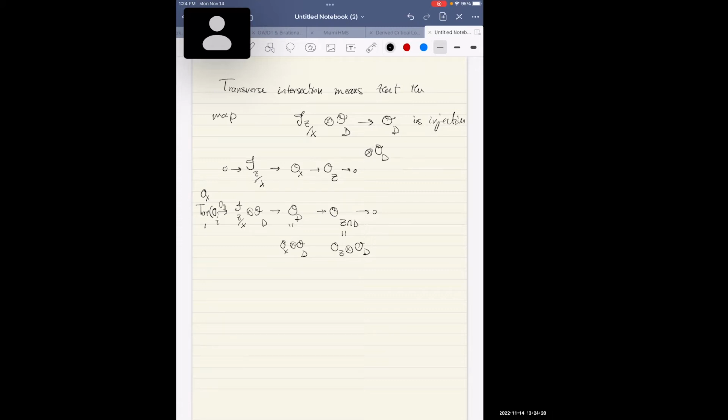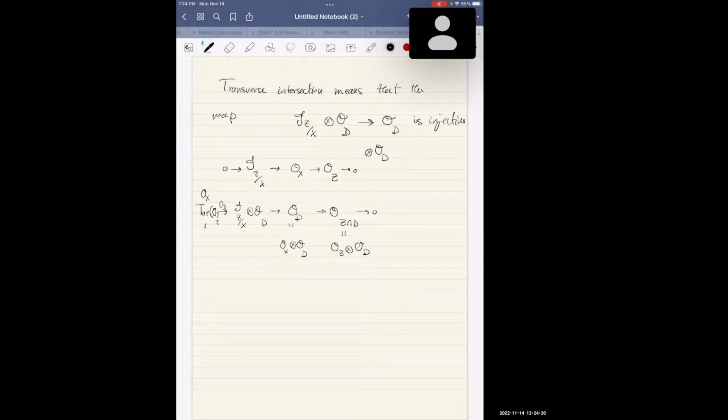Oops, okay, it's a bit bad, right? So let me write it. Tor1 as OX modules of OZ and OD.